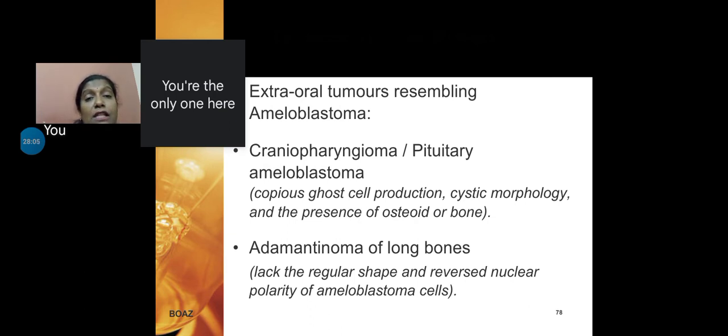Inside the jawbone, production of hard tissue is a complete negative character of ameloblastoma, but when it does occur outside the oral cavity, we see not tooth-like tissue but some kind of hard tissue. Same thing with the long bones, known as adamantinoma of long bones. They lack the regular shape and reverse nuclear polarity of ameloblastoma cells.